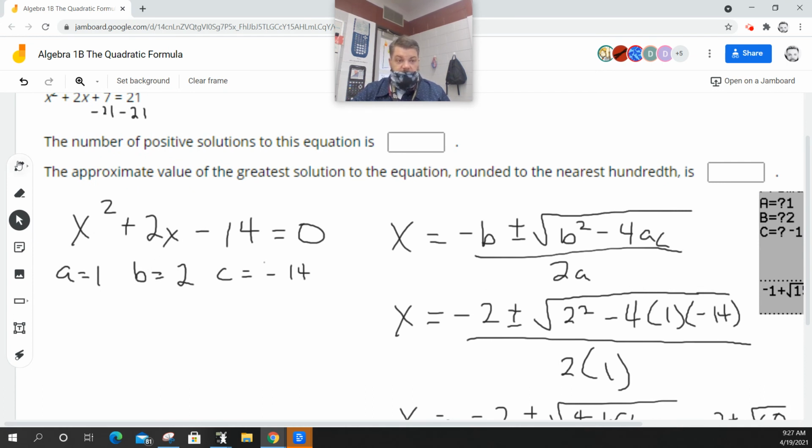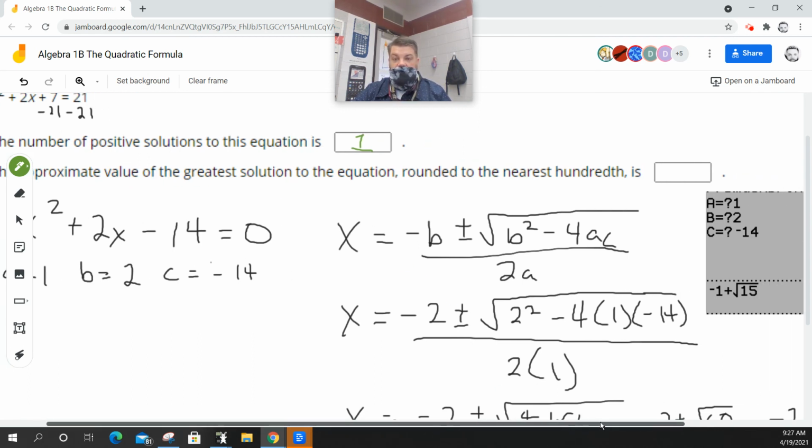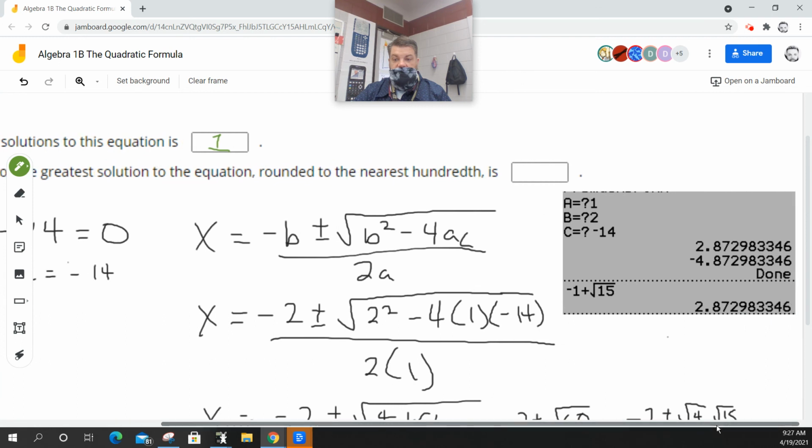Well, how many are positive? Just one. One of them's negative, one of them's positive. And then approximate the greatest solution to the equation rounded to the nearest hundredth. That would be this one here, and rounded to the nearest hundredth it would be 2.87. And that is it, my friends.